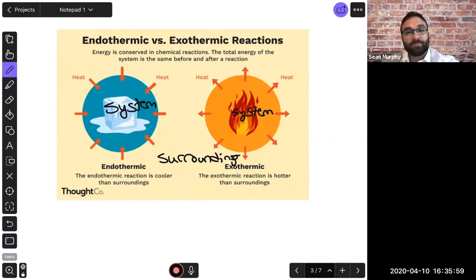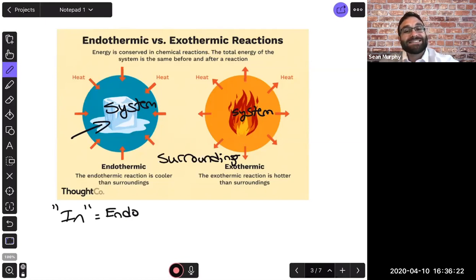Okay, that's because the heat is coming from my finger and going into the system. Whenever heat is going into the system, we call that endothermic. That's going to be endothermic.